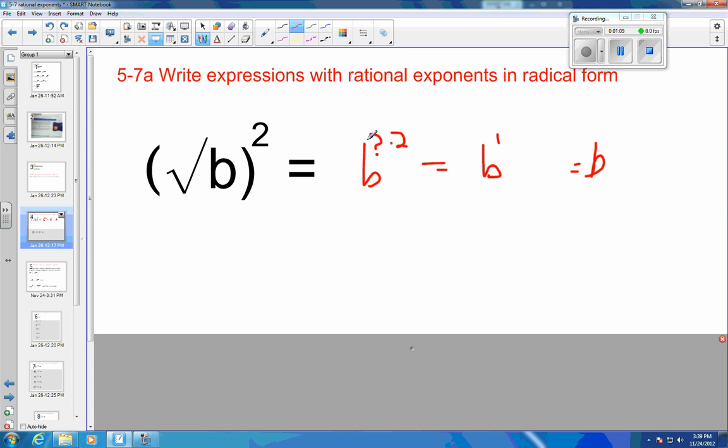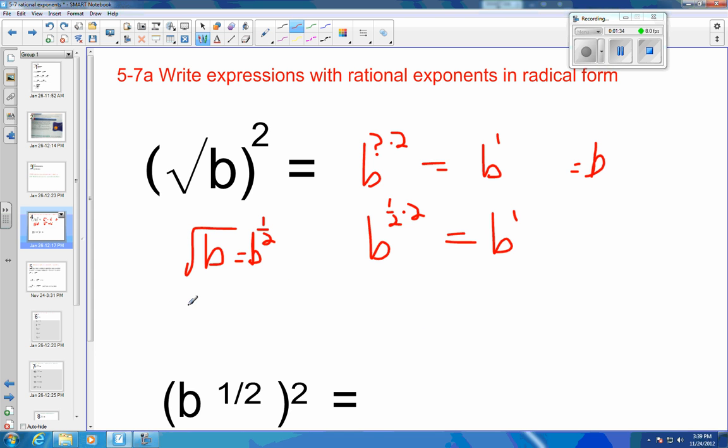So what times 2 is going to make that equal to 1? Well, 1/2 times 2. So this square root has to be equal to the 1/2 power to be multiplied by the 2 to be equal to b to the first. So we say that the square root of b is the same thing as b to the 1/2 power.